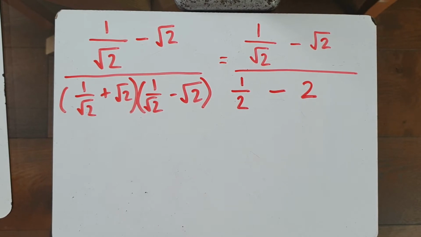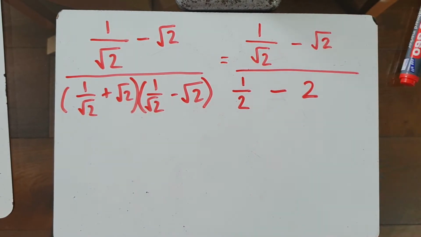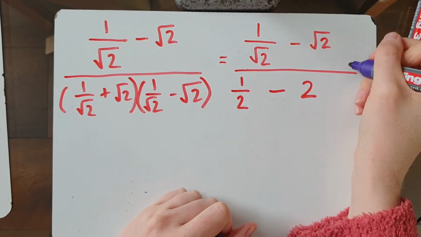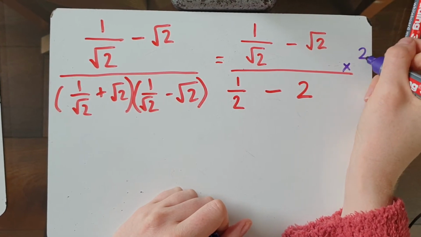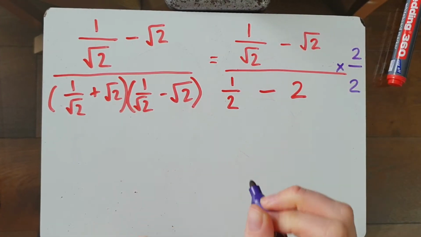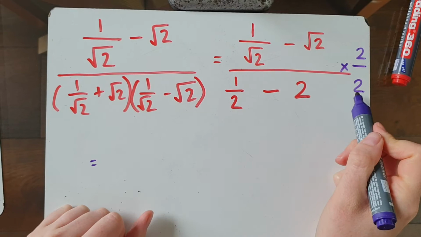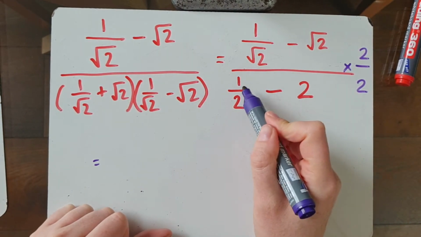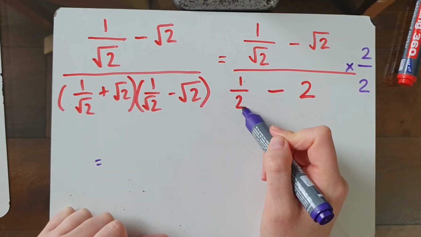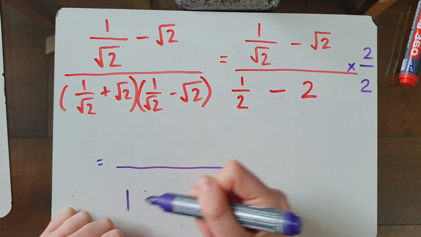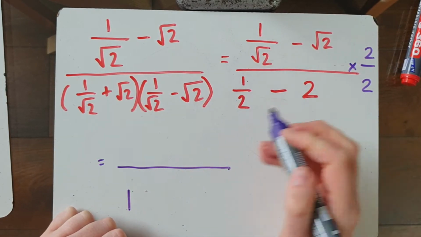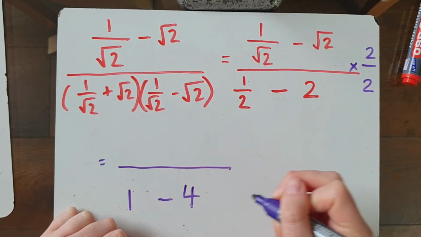Okay, from there, if I multiply by 2 over 2, then at the bottom I will get 2 over 2, which is 1, minus 2 times 2, which is 4.